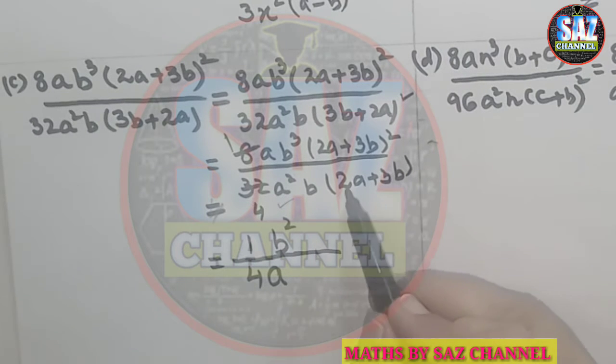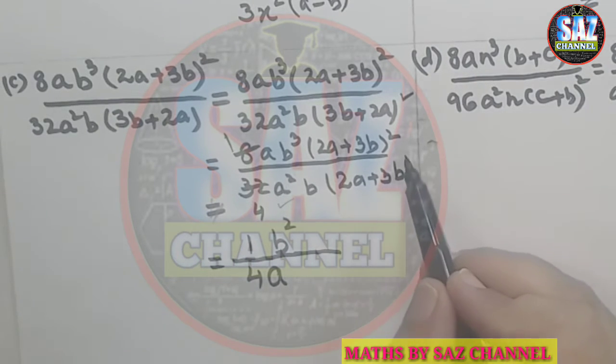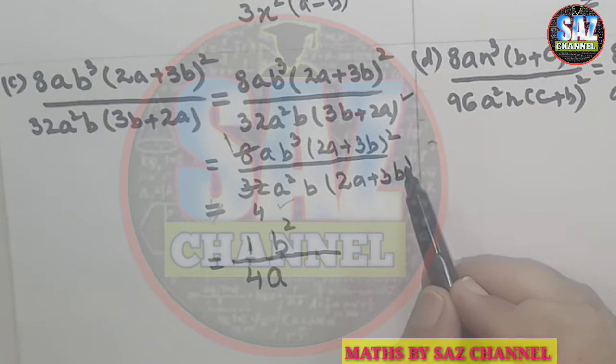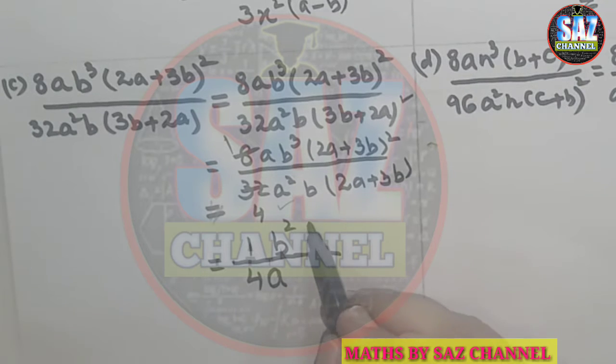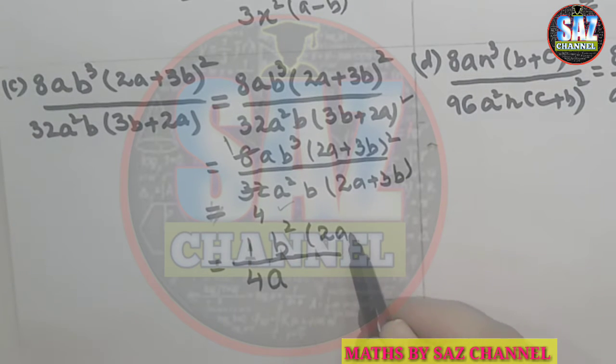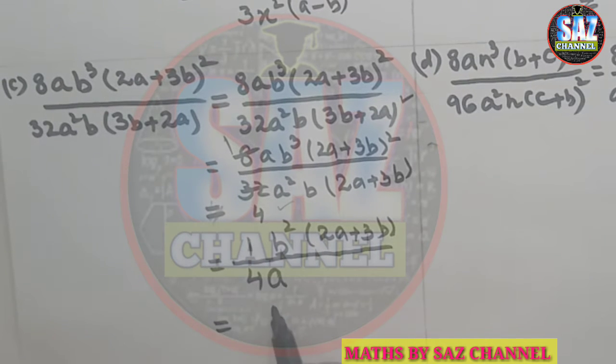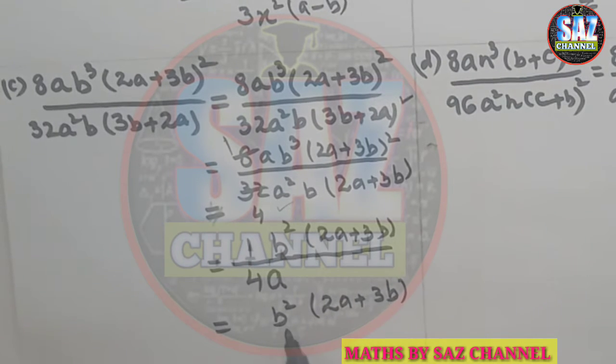Again, take 2a plus 3b as a single term, and it has the smaller power in the denominator. Bring it up and write 2a plus 3b, 2 minus 1 will be 1. So my answer will be b square into (2a plus 3b) upon 4a.